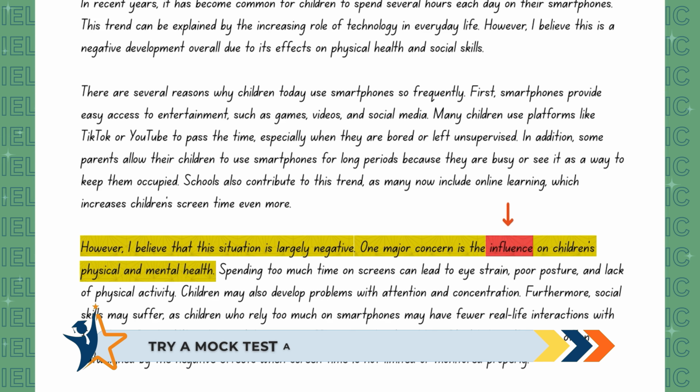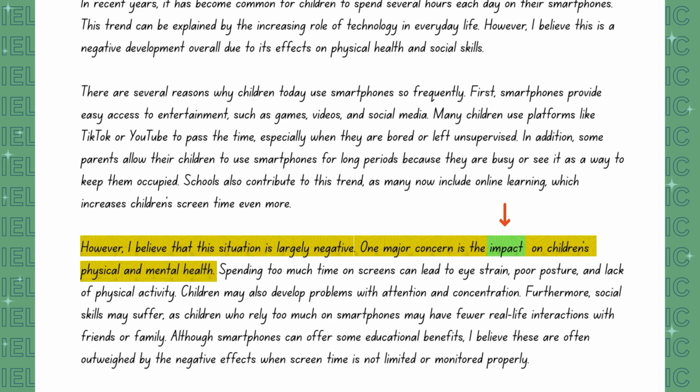The use of the word influence here is wrong. We actually need to use the word impact, because this sentence is about physical and visible effects on children's health. Influence is used more for thoughts, feelings, or behavior. But here, since it's about health, the correct word is impact.